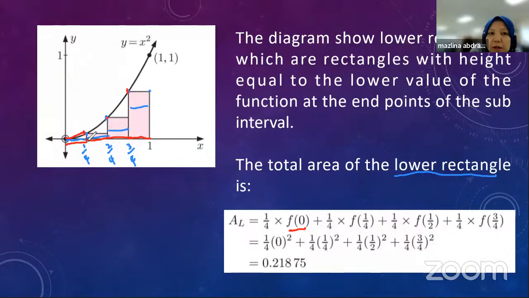It takes the lower function value because it takes the lower parts of the rectangles.